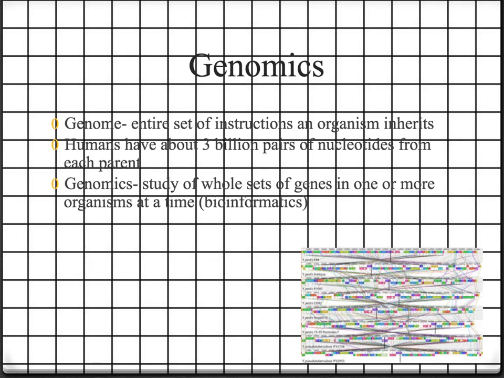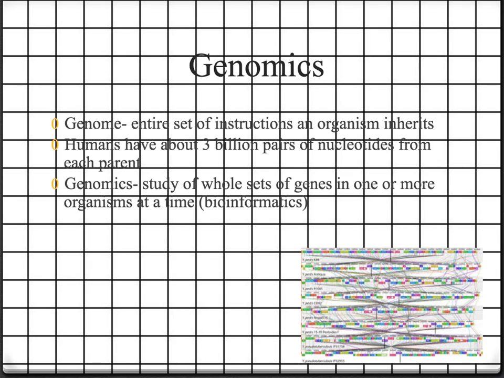Literally pages and pages of A, T, G, C, just over and over and over again. And so for us, we have about 3 billion pairs of nucleotides. So yes, 6 billion nucleotides from each parent. That's pretty easy math to do, but just to kind of give you that number, 12 billion nucleotides would be what our genome is made of, our entire set of instructions.